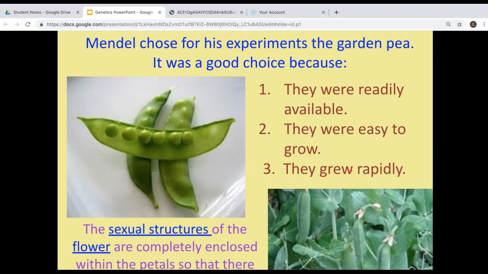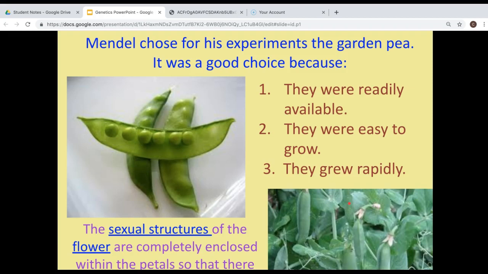So the sexual structures of the flower, so pea plants do have a flower. If you look down here, this pink flower or bloom, are completely enclosed within the petals so that there would be no, and we'll talk about this in a little while, no accidental cross-pollination.